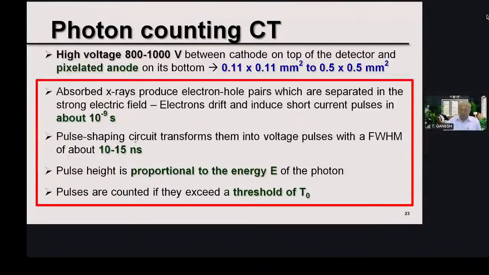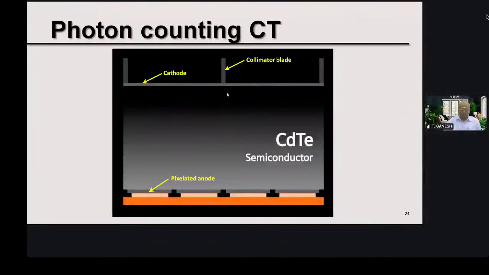But remember, these steps determine the supremacy of photon counting CT over conventional CT, because these detectors have the capability to resolve the energy. So here is the collimator blade, just like in the energy integrating detectors, but just below the collimator blade you have the cadmium telluride semiconductor, about 3 millimeter thickness at the most.